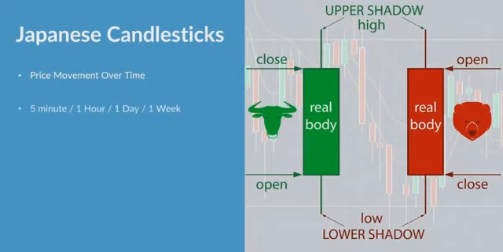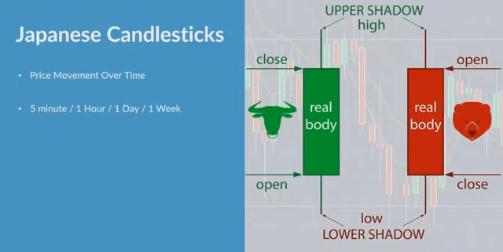Very simple. Okay? So, a Japanese candlestick can represent 5 minutes, 15 minutes, 30 minutes, 1 hour, 4 hour, 1 day, 1 week, and so on. Okay? So we can represent any time frame really in the financial markets with a Japanese candle.